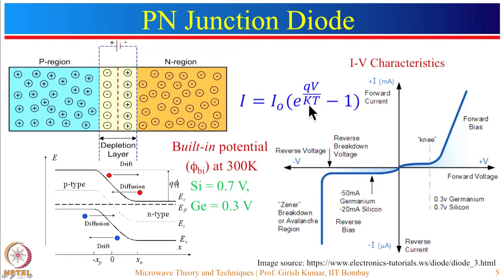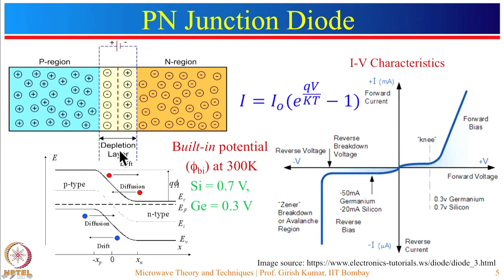So, here you can see if V is much greater than kT/q, then it will increase exponentially. Now, if I bias this PN junction diode in reverse mode, that is, if the P region is connected to the negative terminal and the N side is connected to the positive terminal, now the negative terminal will attract the holes toward the P region and the positive terminal will attract the electrons towards the N side.